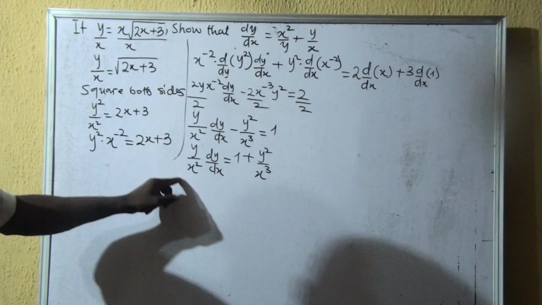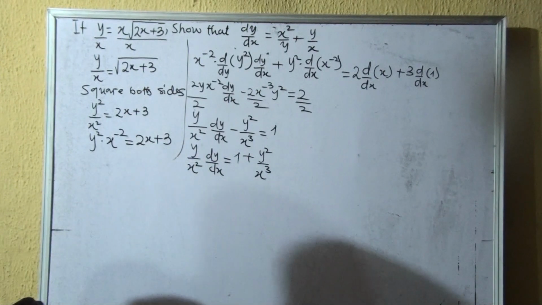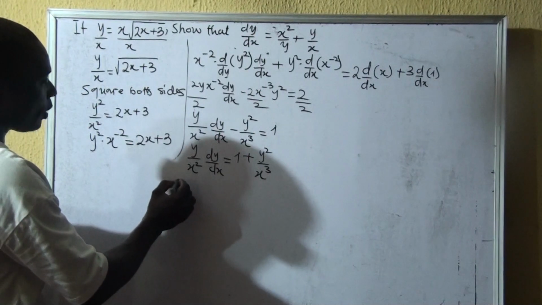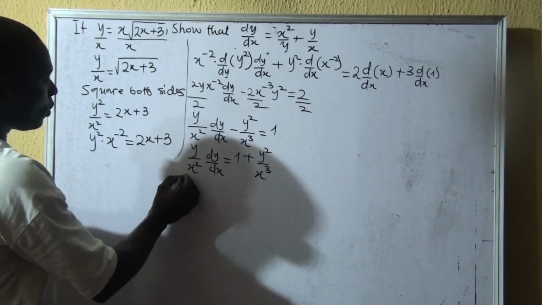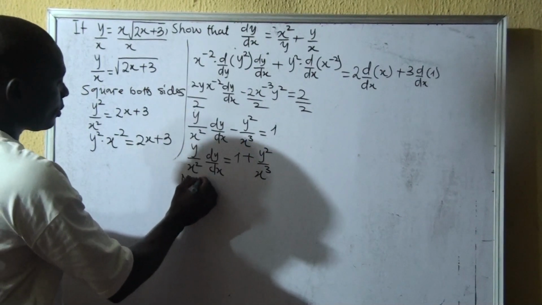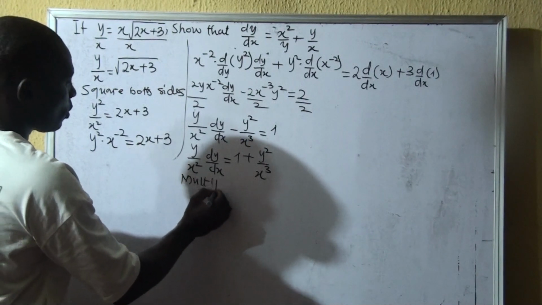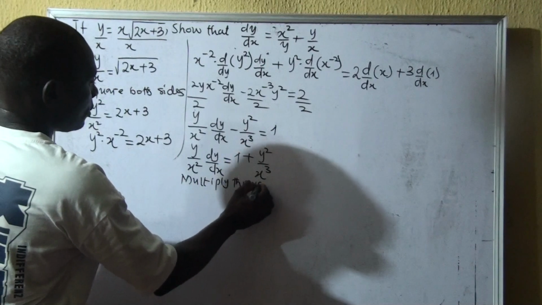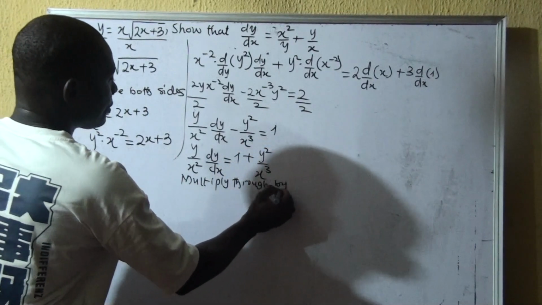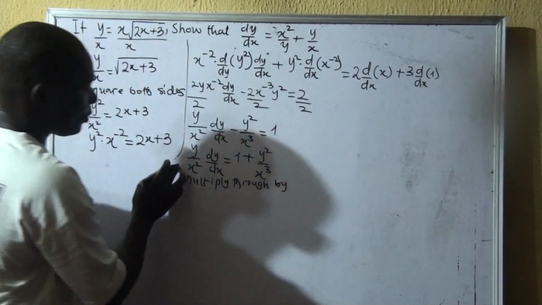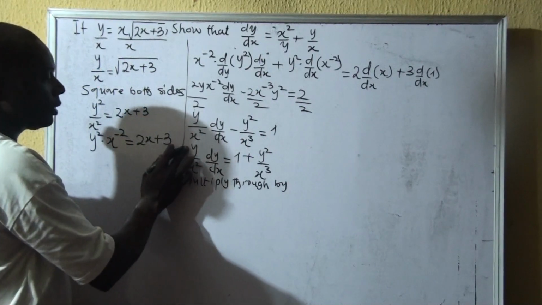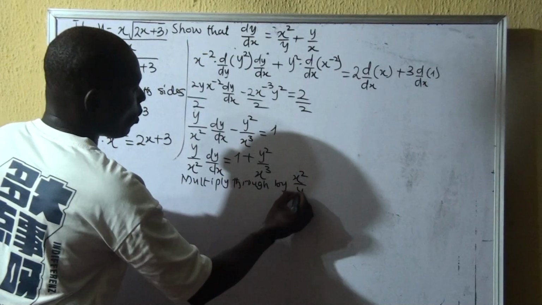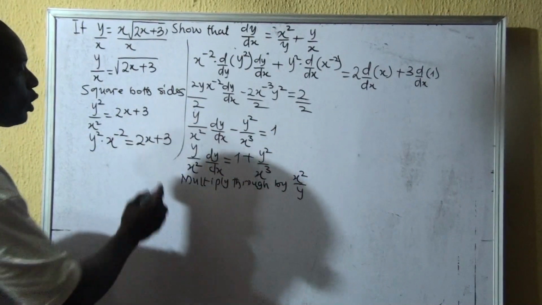That means we need to get rid of y over x squared, and this can easily be done by simply multiplying through by the reciprocal, the inverse of y over x squared, which is x squared over y. Okay, we multiply through by that.